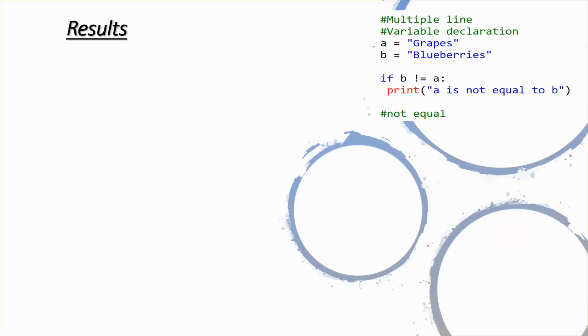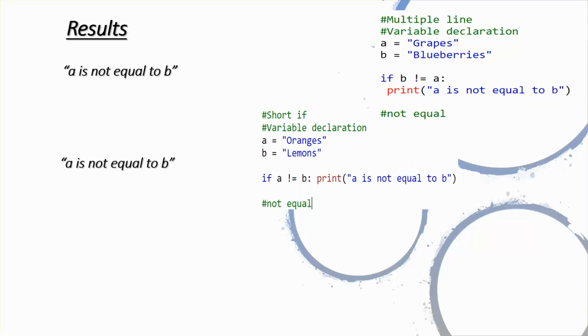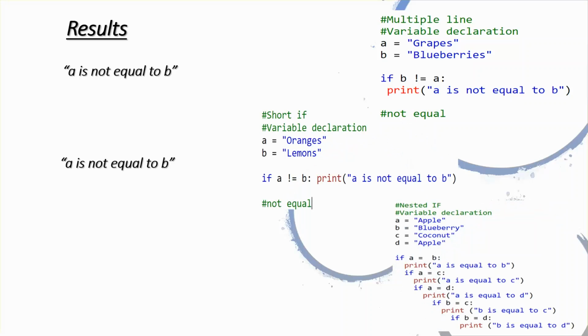For the first example, we used grapes and blueberries as variables, which will result to a display that A is not equal to B. The last example is a nested if statement, where A and D variables are both apples, resulting to a display of A is equal to D. Using greater than, less than, greater than or equal to, and less than or equal to in a statement involving strings will result to an error.